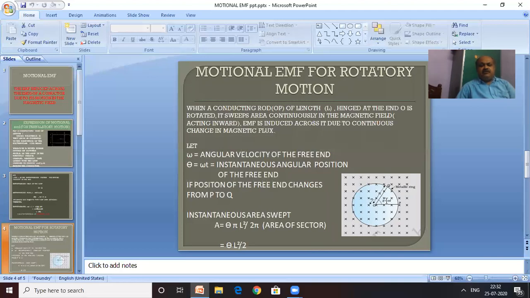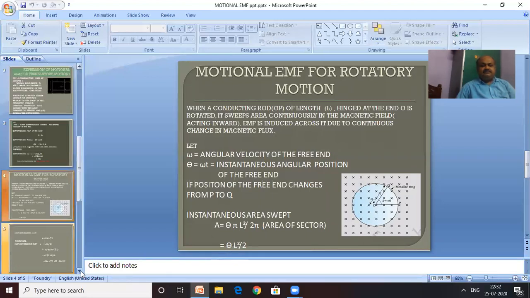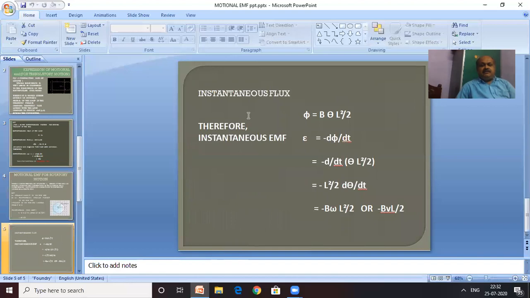And as you know, the area of a sector is theta by 360 into pi r squared. So from that, A equals theta into pi L squared by 2 pi. Pi cancels. So this is half theta L squared.